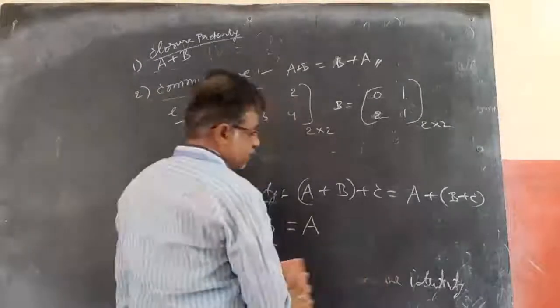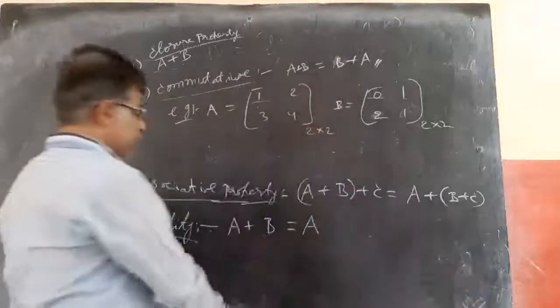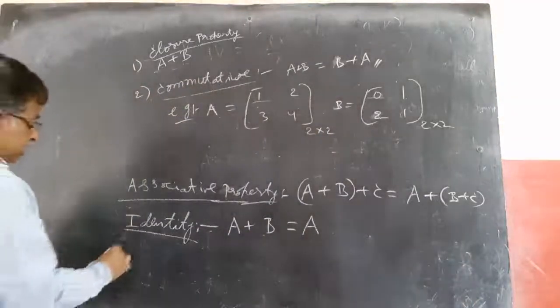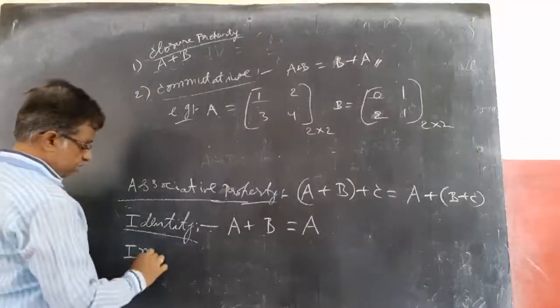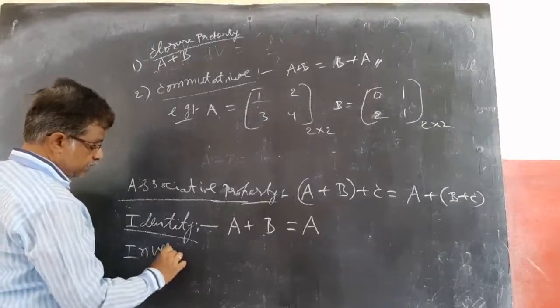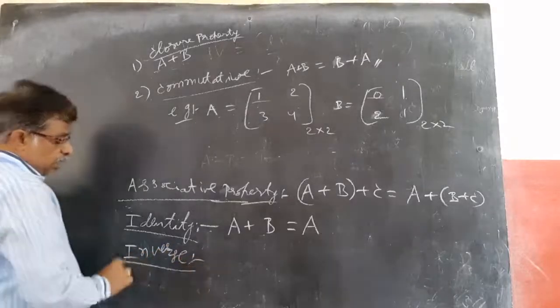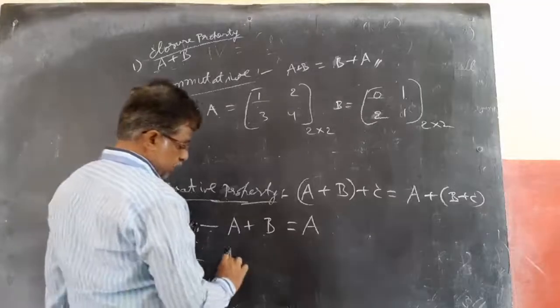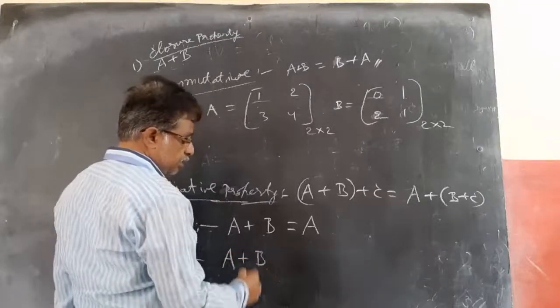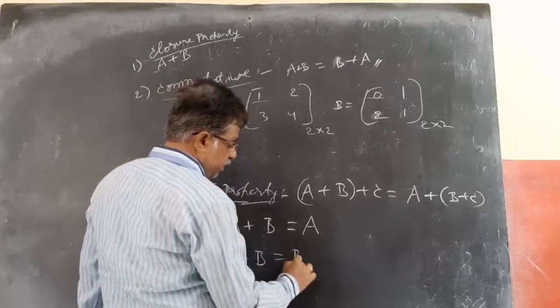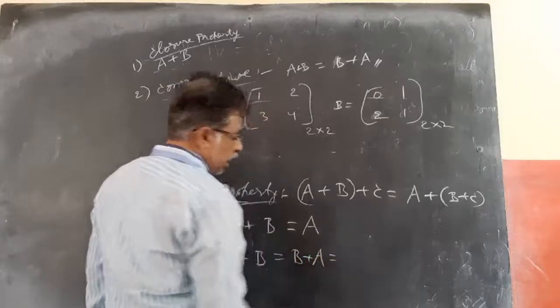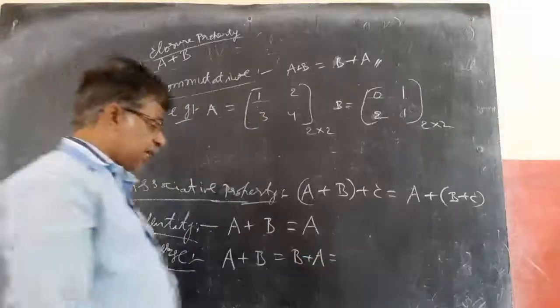Next, inverse. Additive inverse. What is inverse of a matrix? Inverse means A plus B equal to B plus A equal to identity you need to get. Additive identity is 0.